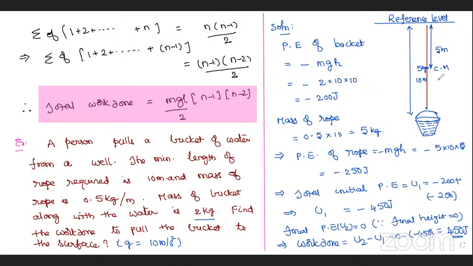So here, if you observe, till now, in the previous example, we took inextensible strings. Suppose that a string, like a spring, extends, means elongates, then how to calculate the work done?